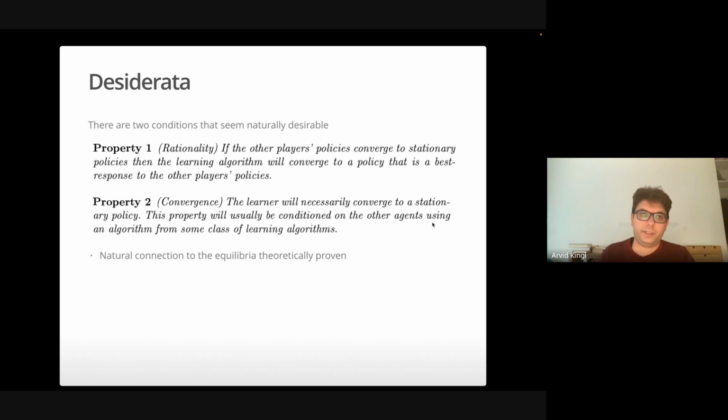That's the rational aspect of it. But the second one states that if each of you is playing this particular algorithm, you want to converge, and of course, because of property 1, it is also rational to converge. Okay, thank you.